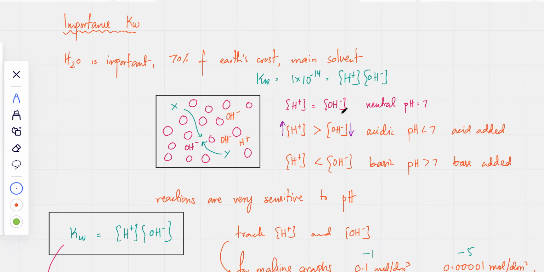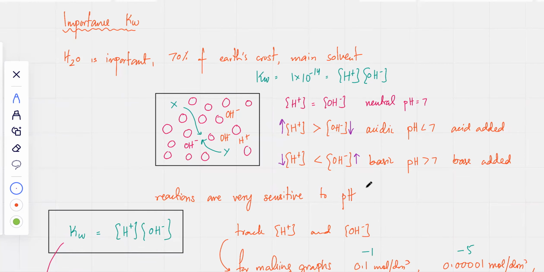And the opposite: you could add a base, and the base would increase the concentration of OH ions and decrease the concentration of H plus 1 ions. So the water usually determines the environment. Whenever two things are reacting, it's usually surrounded by water. So there are different types of environments: neutral, acidic, and basic. And every reaction is very sensitive to pH. So we talked about that.